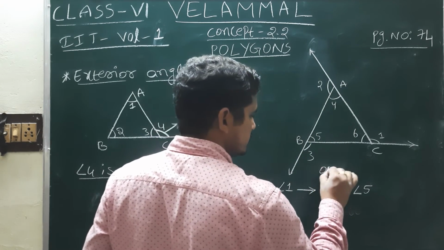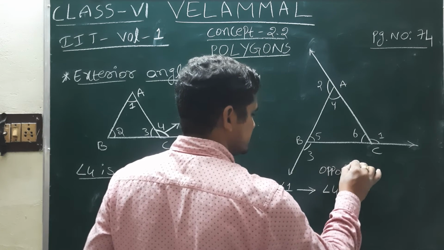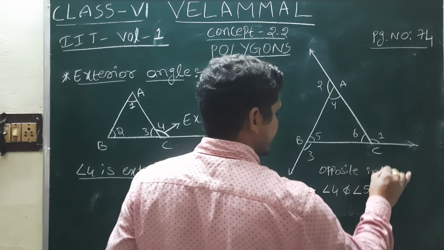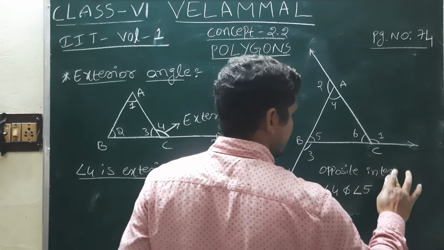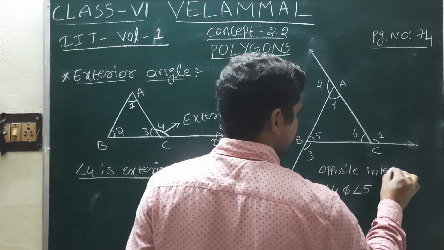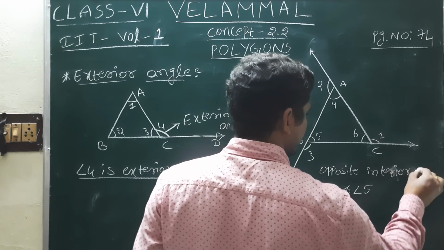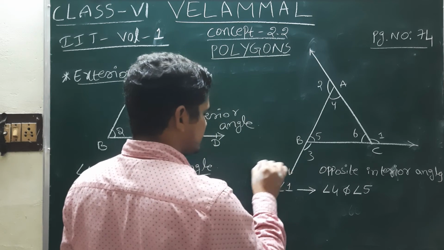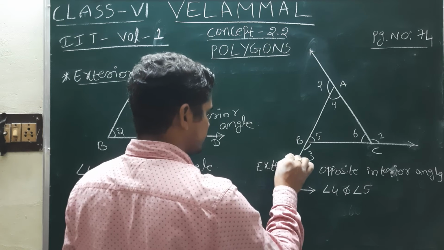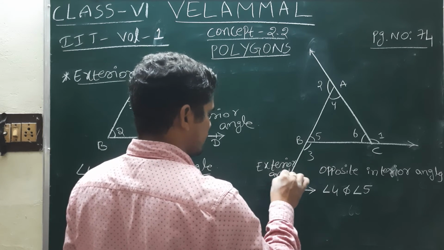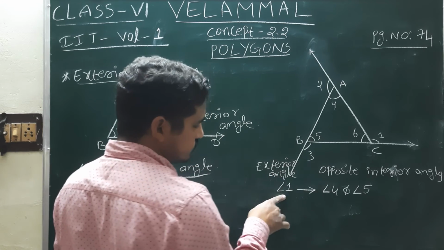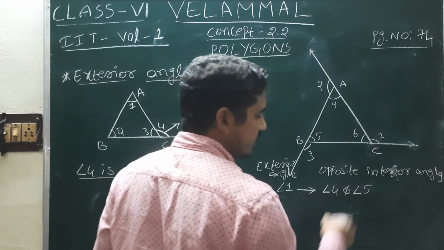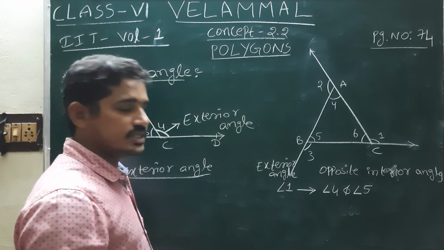What are those? Opposite interior angles, and it is the exterior angle. So to the angle 1, angle 4 and angle 5 are the opposite interior angles.